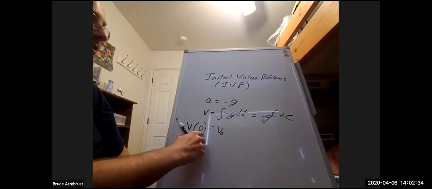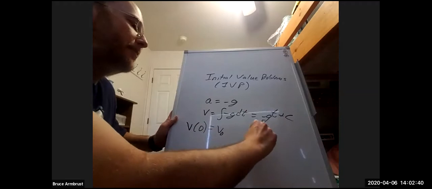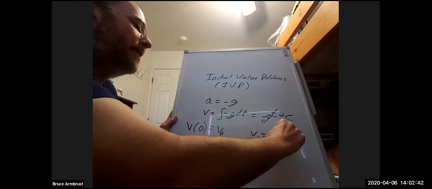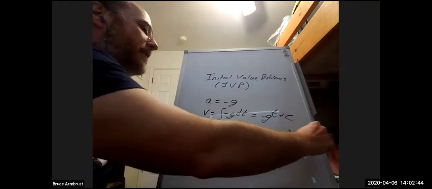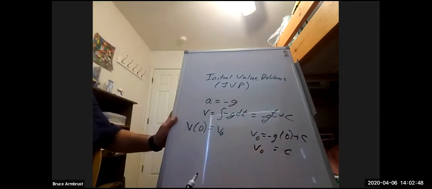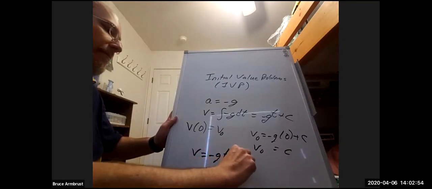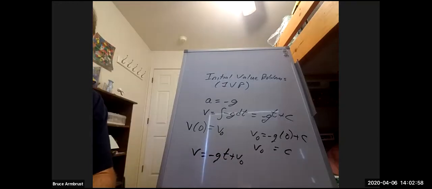And what we could actually do is plug this into this relationship to solve for the c. So in this case, we would get v naught is equal to minus g times 0 plus c, which gave us c equals v naught. All right, so that initial condition made it so that we could get rid of that c. We just had to know about the initial velocity.